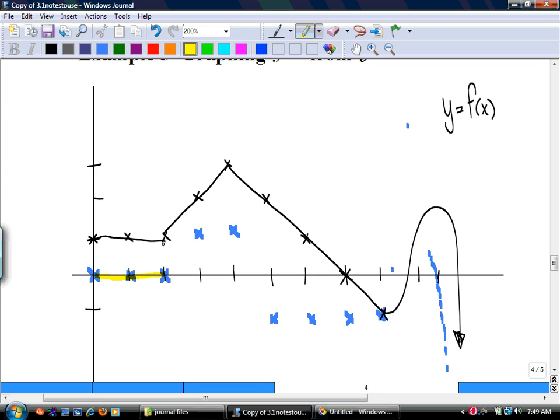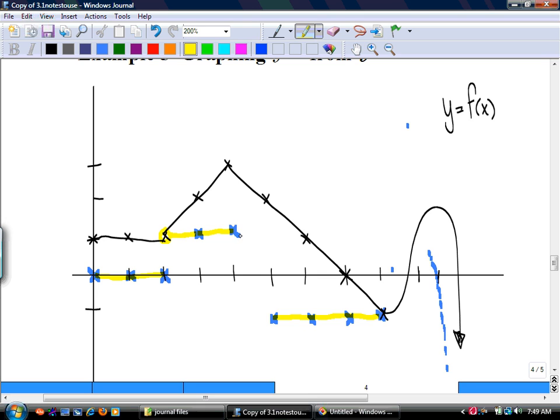Tell me about right here. I've got some extra spots that I have to talk about. Tell me about the slope right here, where that yellow is. Notice I didn't talk about the graph right in here. Tell me about the slope. It's 1, so it's got to come back. There's an open circle there.